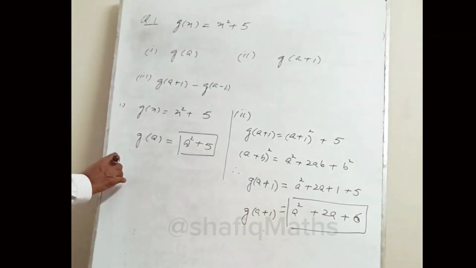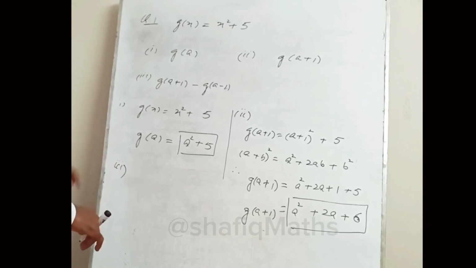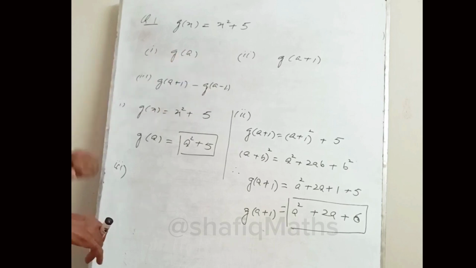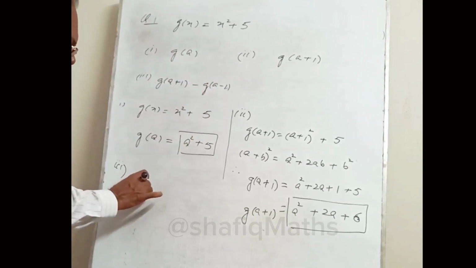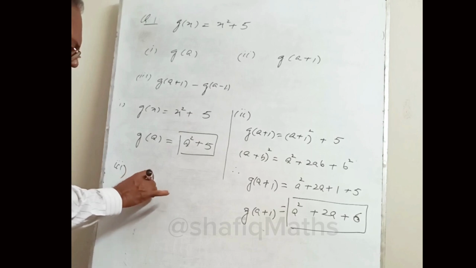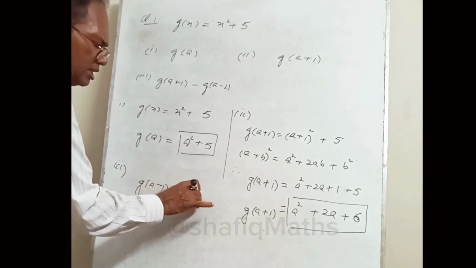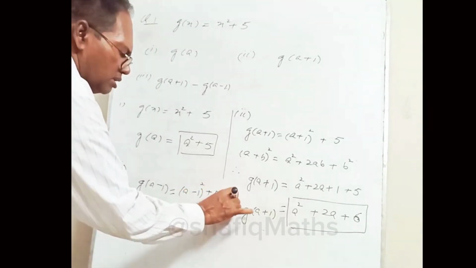Now coming to the third part of the question, g(a plus 1) minus g(a minus 1). First of all, we are finding the value of g(a minus 1). g(a minus 1) equals (a minus 1) whole square plus 5.